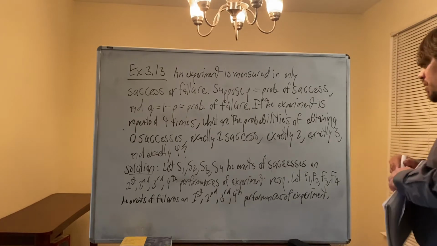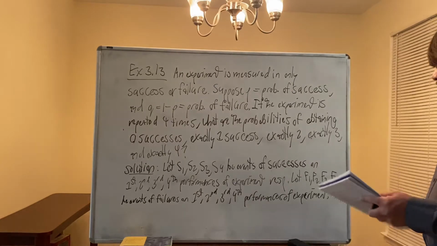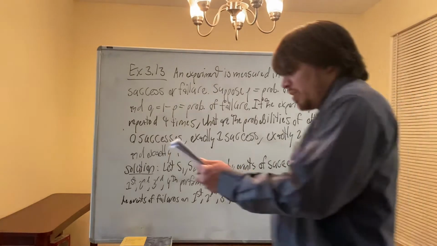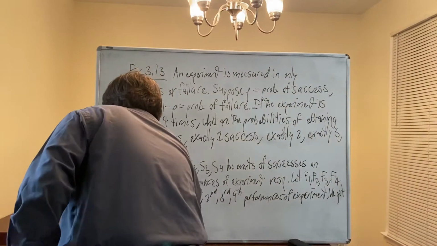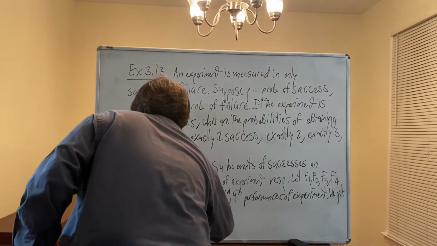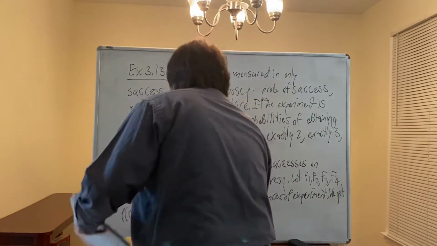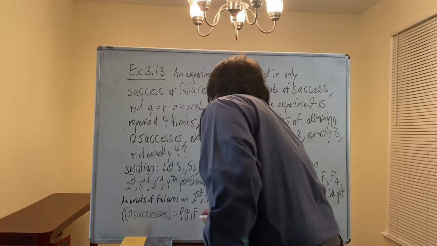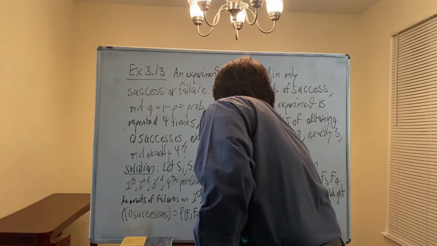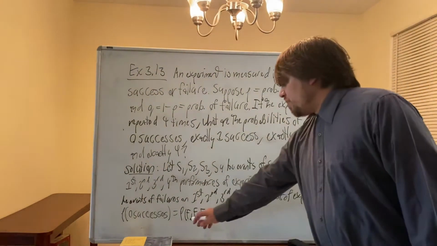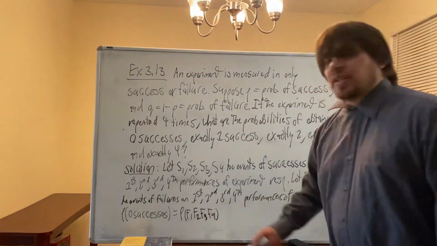Okay, so using independence of events, we get that the probability of 0 successes is equal to the probability of failure in the first performance, failure in the second, failure in the third, and failure in the fourth. That would be the probability of the intersection of events F1 and F2 and F3 and F4.